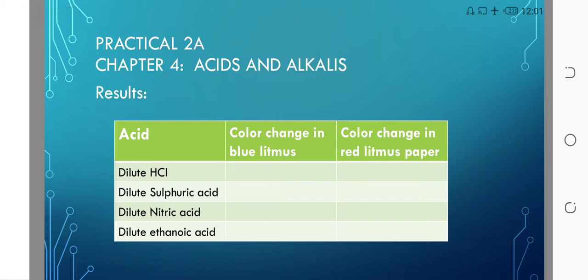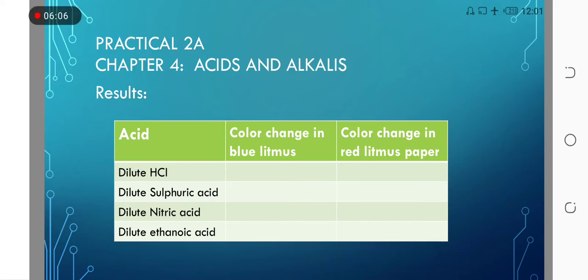After dropping all the acids, like hydrochloric acid, sulfuric acid, nitric acid and ethanoic acid, we will observe that the blue litmus paper turns red.